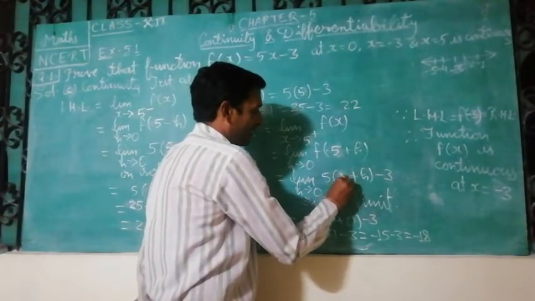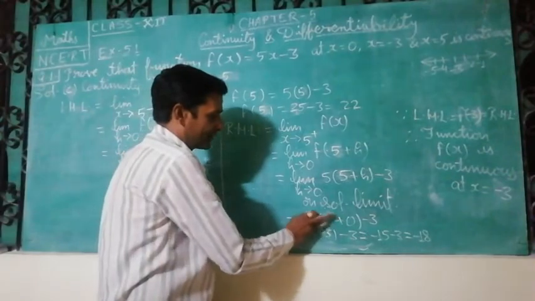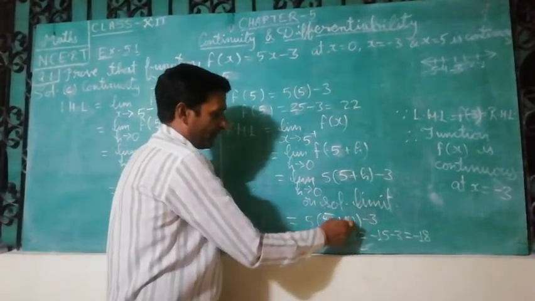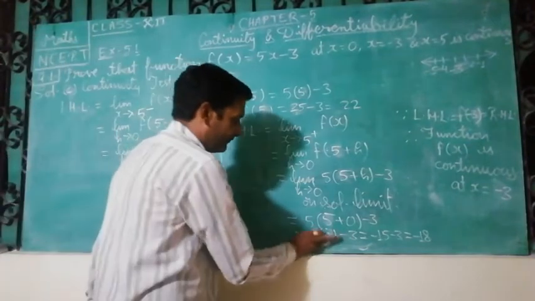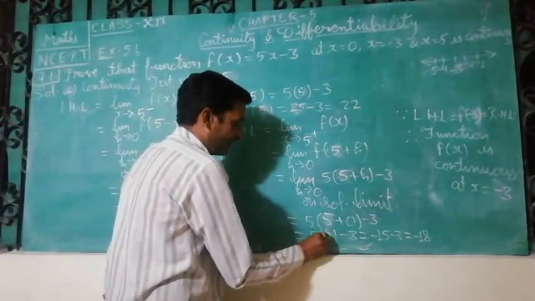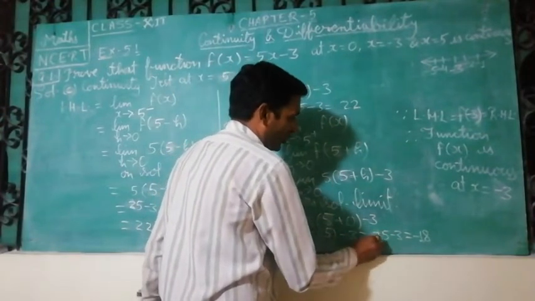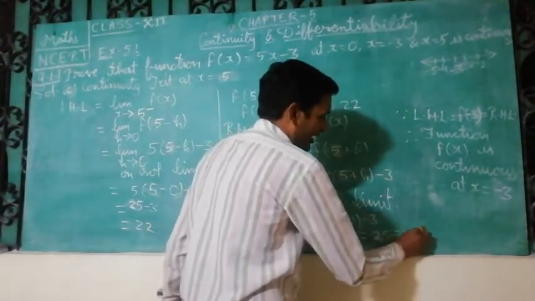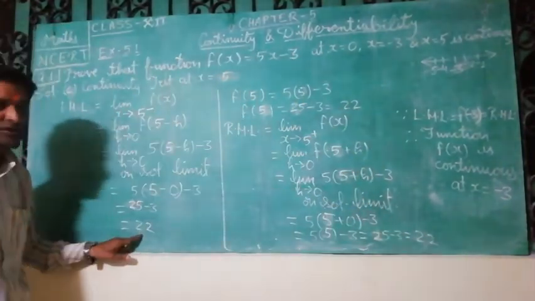Now on solving the limit means we have to put the value of h here. So it will become 5 plus 0. The value of h is 0 here, because limit h tends to 0. So 5 into 5 is 25. 25 minus 3 is what? It is again 22. So are all the three values equal? Yes, of course. It is 22, this one is also 22 and this one is also 22.